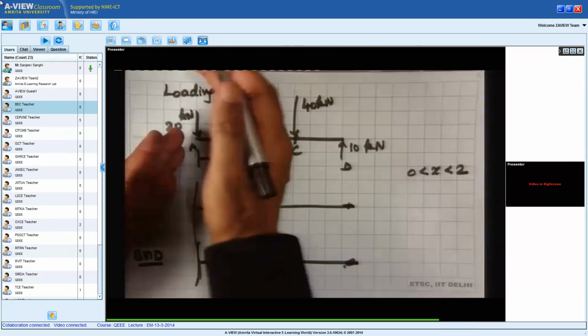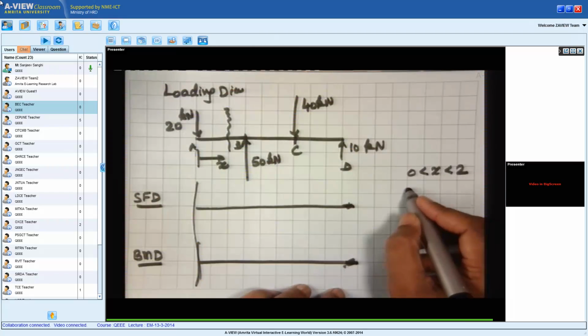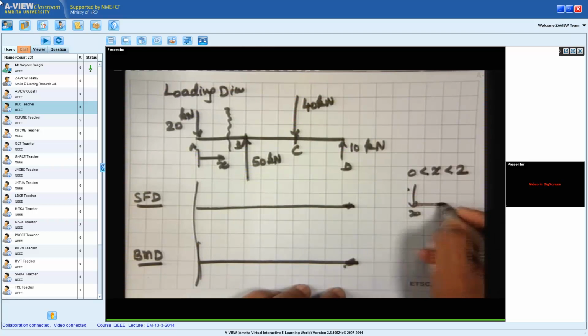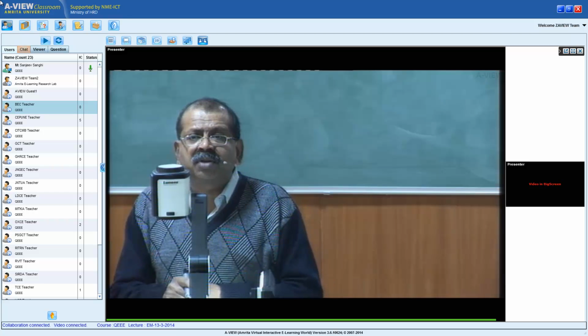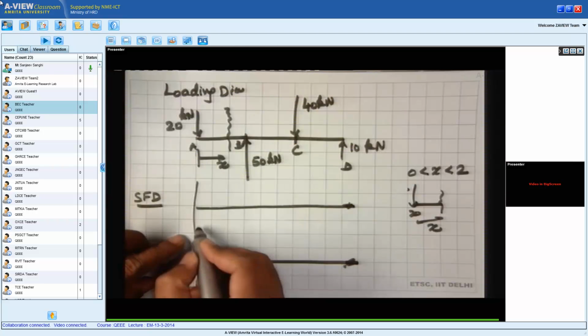Now on the left, when I am cutting a section at X, the free body diagram is basically the 20 kilonewtons and then this section X. So what is the shear force? Let us look at rule A. A downward force P creates on all sections to its right a shear force equal to minus P. So this is minus 20.